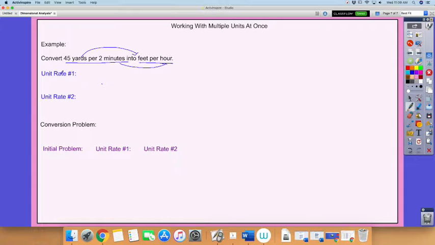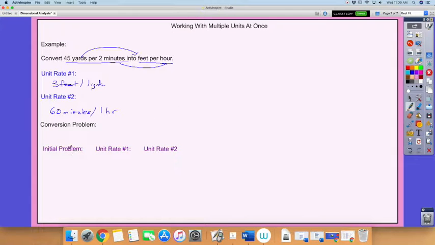So for our first unit rate, we need to know what's the relationship between yards and feet. And earlier we did that it is 3 feet per 1 yard. And we've been doing this one a lot. We know the relationship here is that it's 60 minutes per 1 hour.